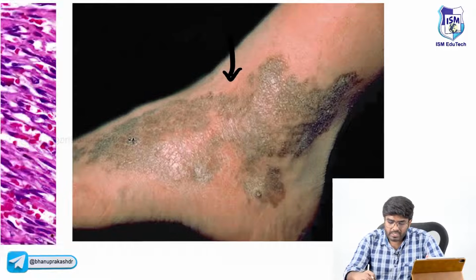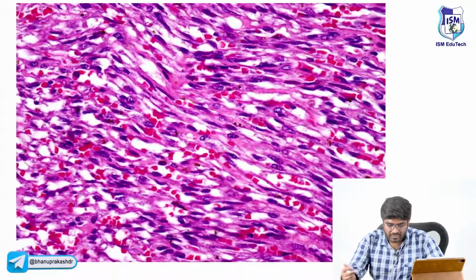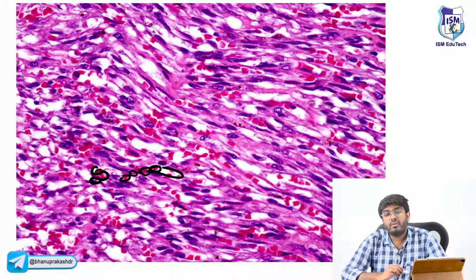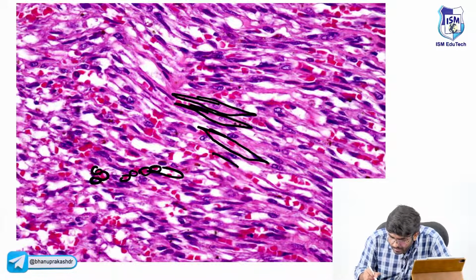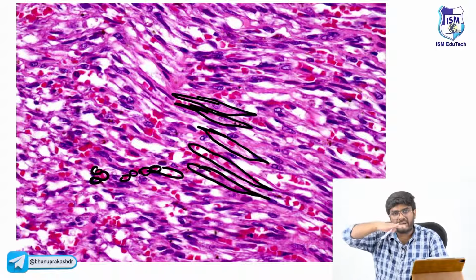And if you look at the biopsy, what can you appreciate? First of all, these are the blood vessels, no doubt. These red things are the blood cells. But if you look at these blood vessels, the cells are spindle shaped. The cancerous cells are spindle shaped. You can very clearly see the wavy spindle shape appearance.